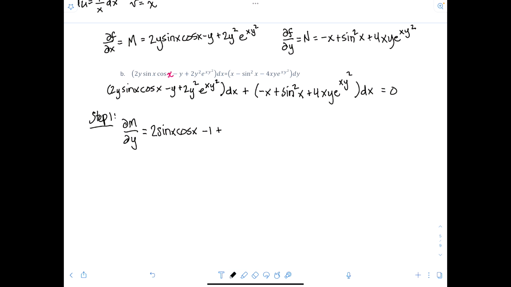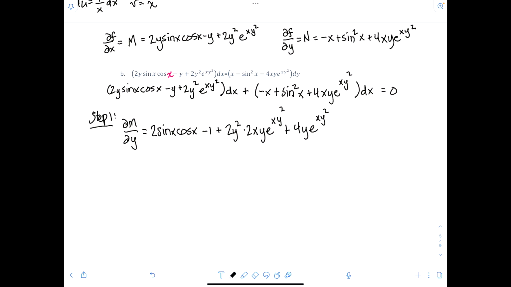We got to do the product rule, right? So I'm going to look at the first term as 2y squared. So we'll have 2y squared times 2xy times e to the xy squared plus 4y times e to the xy squared.